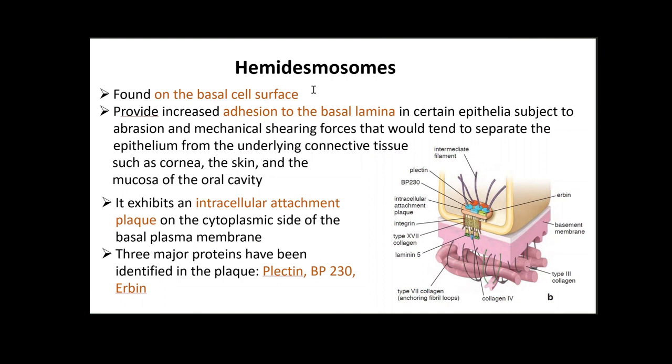Again, they provide more adhesion to the basal lamina. This is particularly important and present in areas where we have friction. Your hand, for example, you will find the skin here has more of those hemidesmosomes. Why? Because you want to hold the skin tight to the underneath. Otherwise, you can have blisters. Some people have a disease with a genetic defect, and those junctions are not strong.